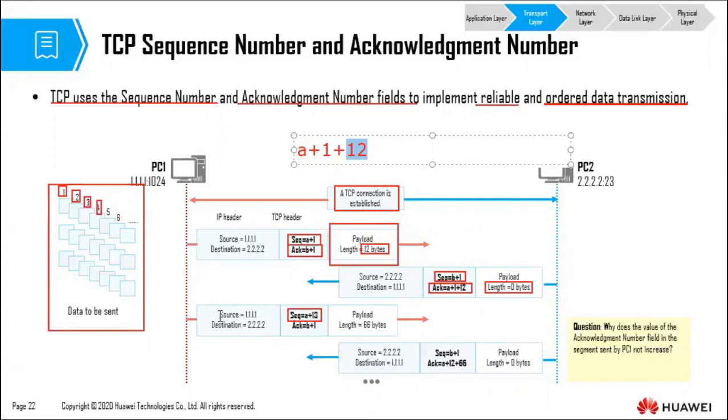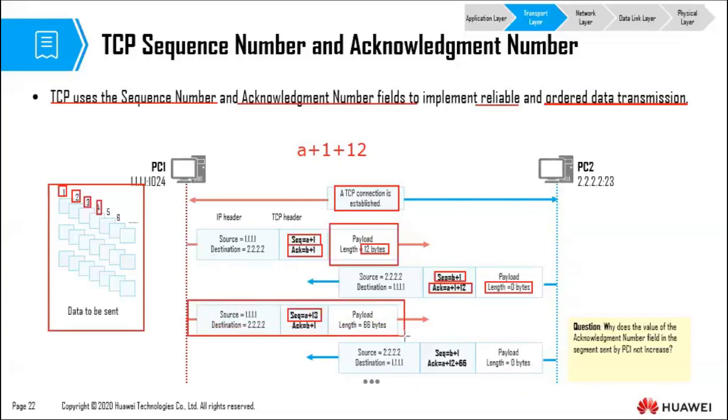And that's why now, when we are sending this, we send from A+13. A was the very beginning. So now we are sending A+13, and we are sending 66 bytes, for example.